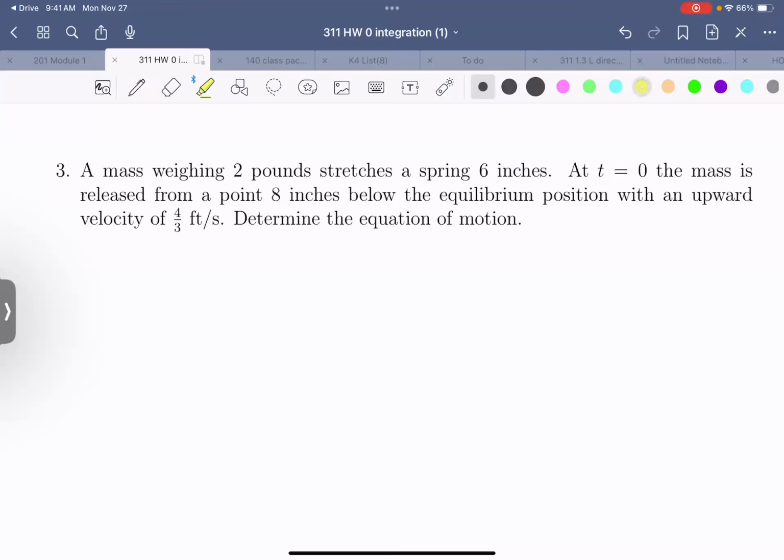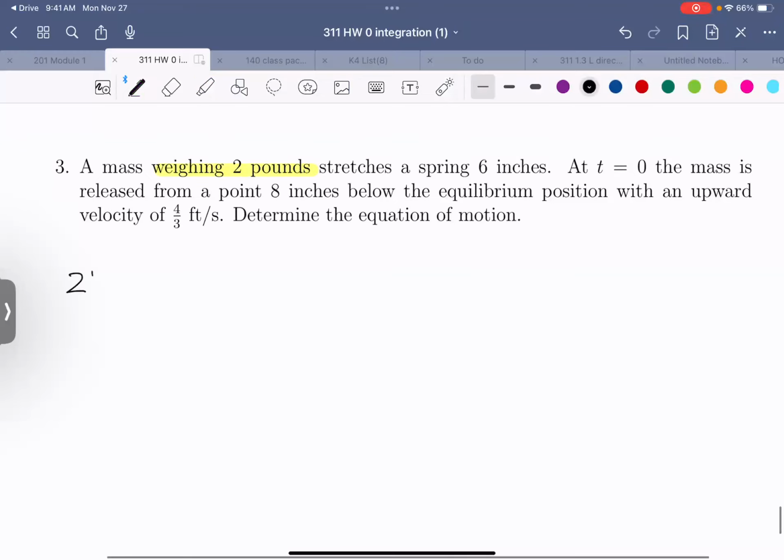In this case, your mass weighs 2 pounds. Okay, so your 2 pounds is the weight. And the way you find mass from that is your weight is equal to mg. So you set your mg equal to 2. Now we're in inches, feet, and pounds, which means that you are in standard units, not metric.